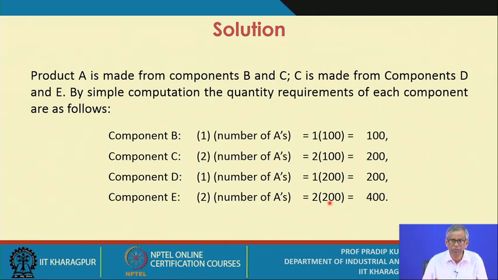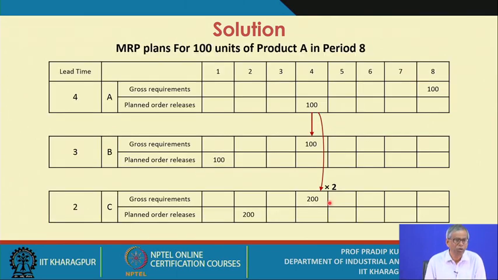Is it okay? In order to produce 100 units of product A, that is the final assembly or the end item, what you do in MRP is make a plan for 100 units of product A in period 8. Your lead time is 4 weeks.